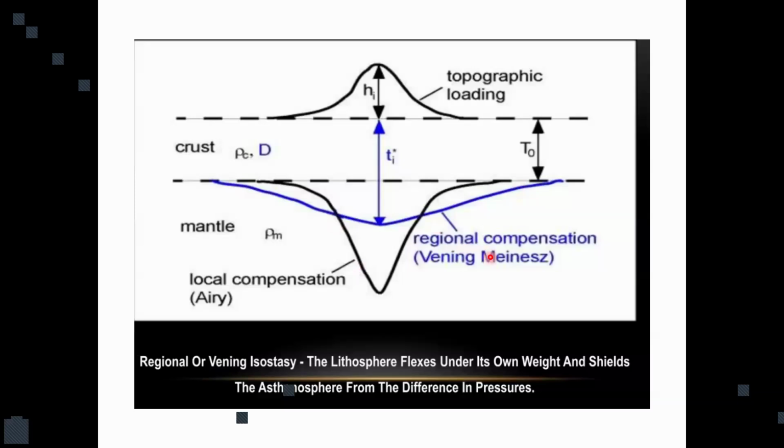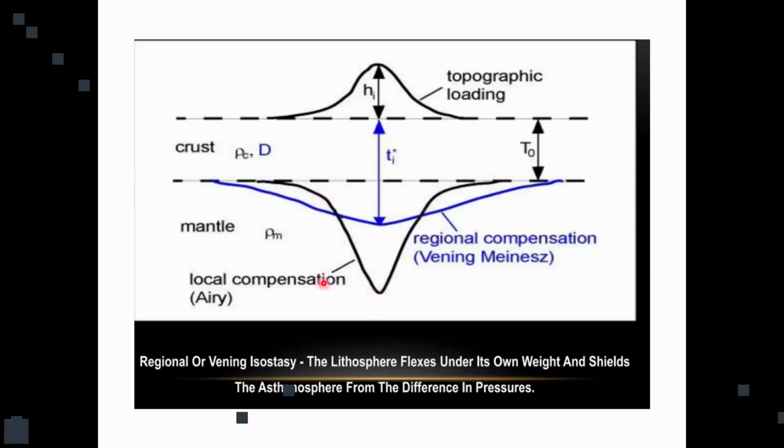But for the flexural model, the Vening Meinesz model, to compensate for this mountain, it will be this blue line, such that the load is distributed beyond the area that the mountain covers on the surface. It just says the load is distributed over a wider area compared to what you have in the Airy model.